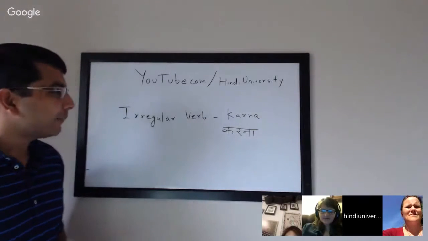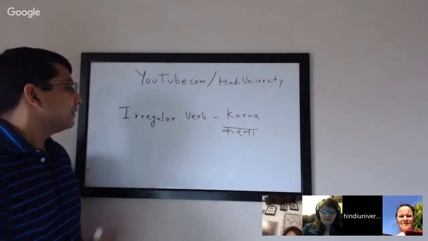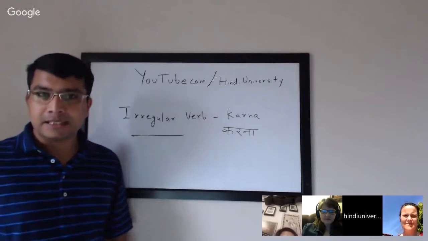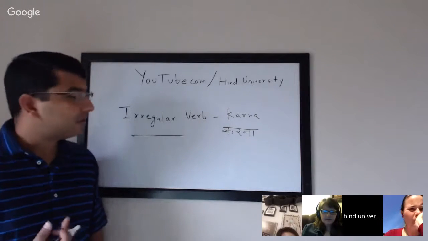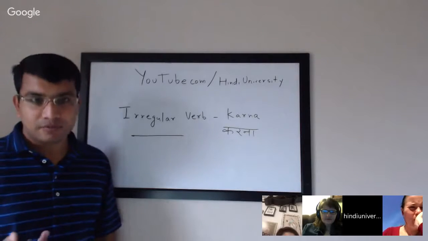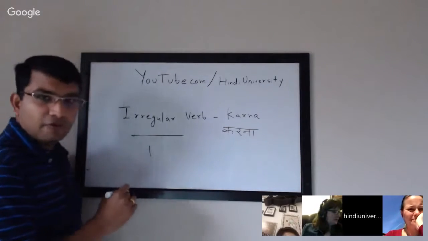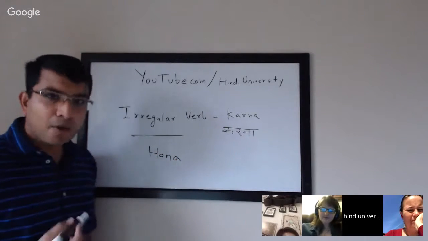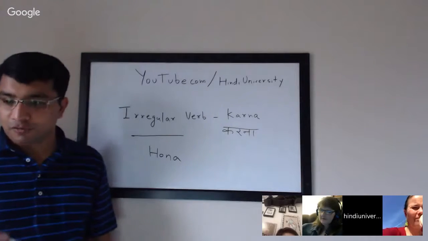As you know, lately we've been discussing a new topic, which is irregular verbs in Hindi. Unlike English and other languages, we have a limited set of irregular verbs. So far we've covered a few of them. We've discussed hona, how hona is used in the past tense, and the variations of hona.